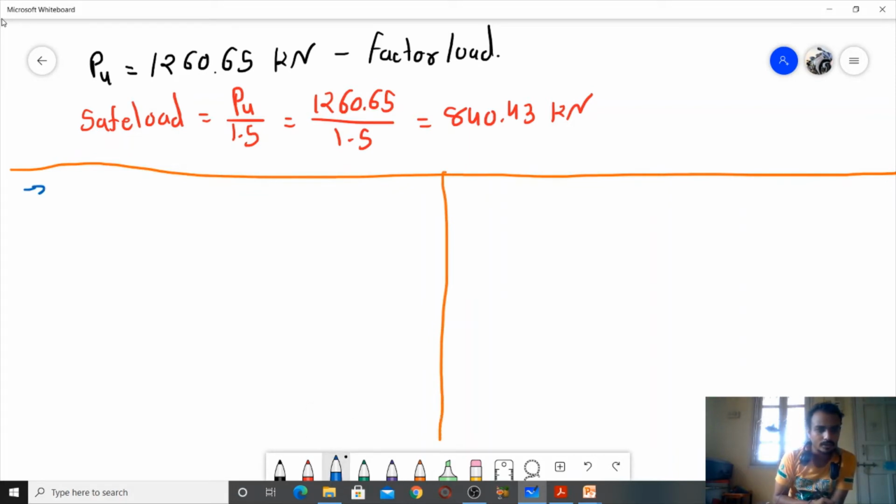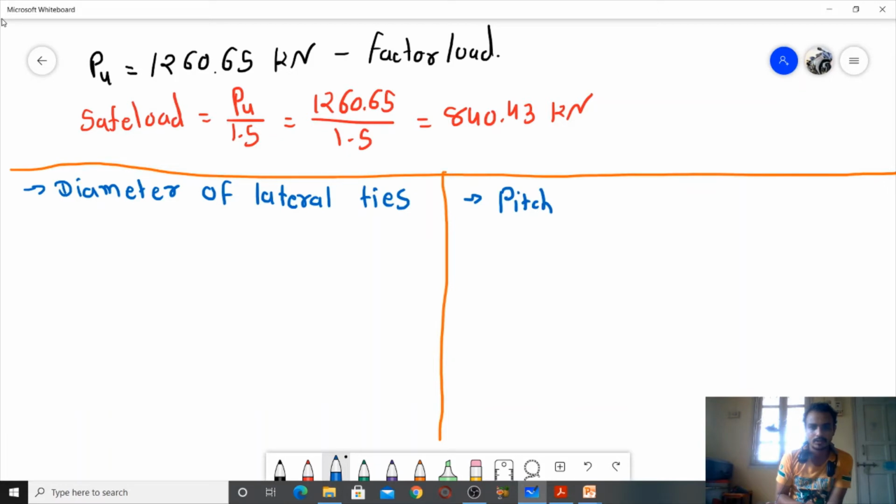Here we find the diameter of the lateral ties, and here we can find out the pitch. First of all, for the diameter of ties, we have two conditions.